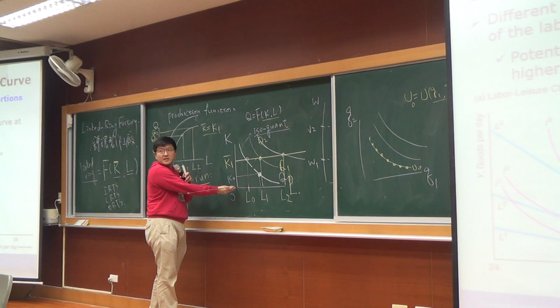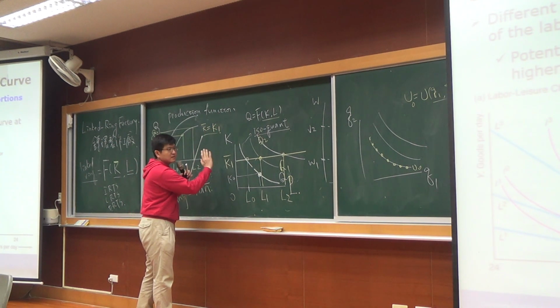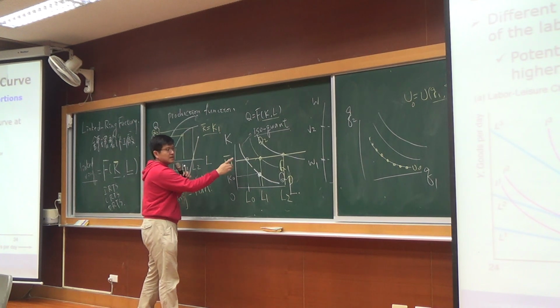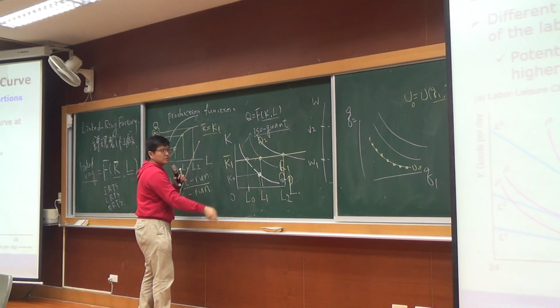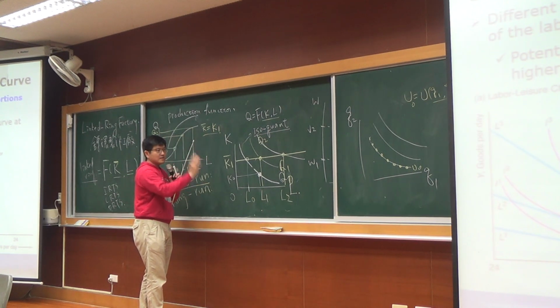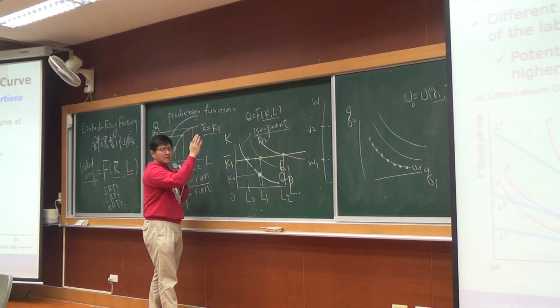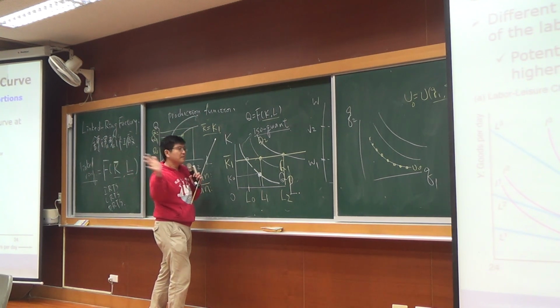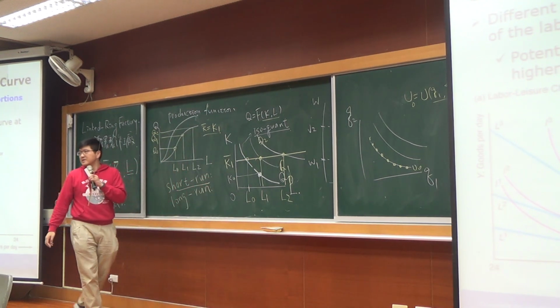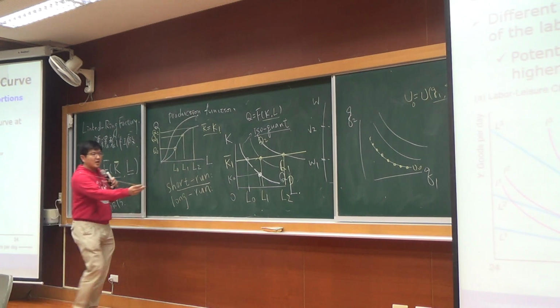But we just cut the outputs. Q0, Q1, Q2, and project them on the plane. Same thing as the utility function. So this is the output function here.